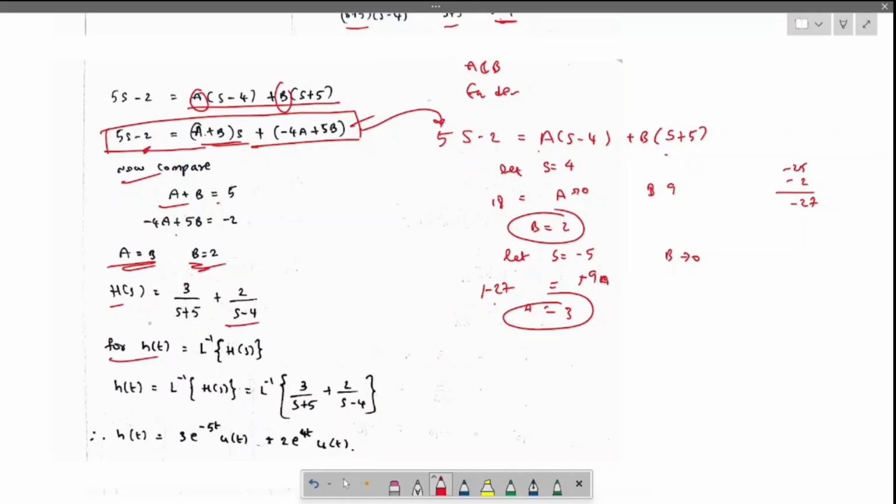For h(t), we need to take the inverse Laplace of this, right? The inverse Laplace of h(s) is nothing but h(t). Now we take the inverse Laplace of 3 by (s + 5) and 2 by (s − 4). When you simplify this, you will get 3 e^(−5t) plus 2 e^(4t).